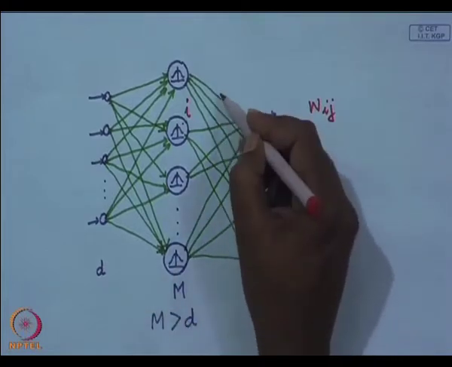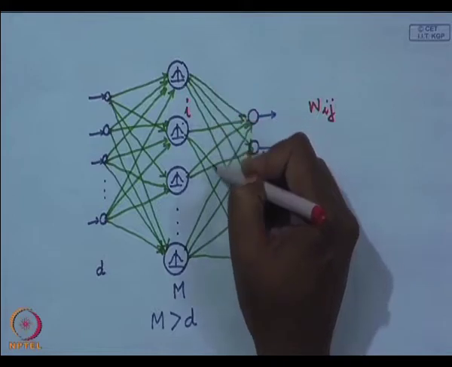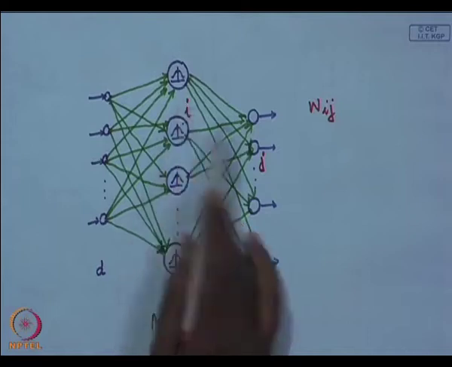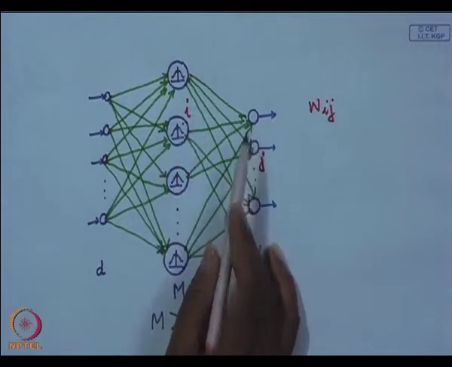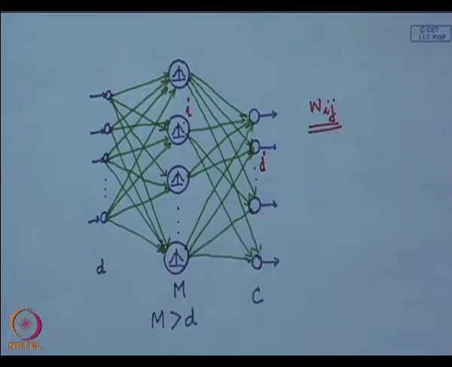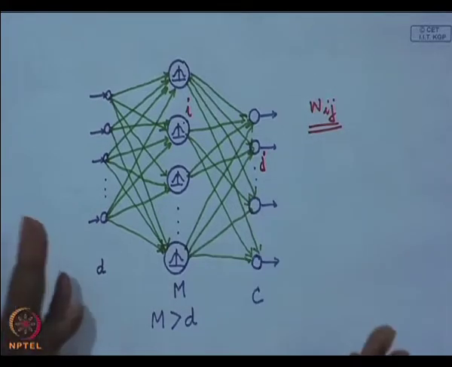And that linear combination is decided by the weight vectors, by the connection weights from the hidden layer nodes to the output layer nodes. So, we also have to learn what should be the connection weight w i j from say ith node in the hidden layer to the jth node in the output layer. So, this is the second level of learning.